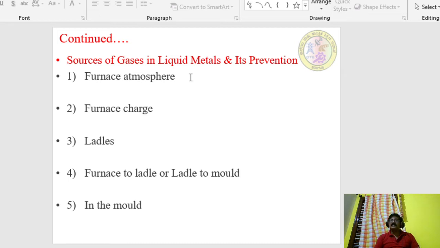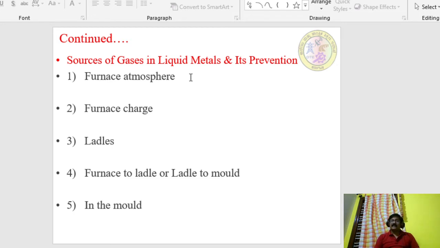Even the furnace charge, during charging a furnace, we need to put in dried raw material. The raw material should not have any impurities, grease or moisture content.